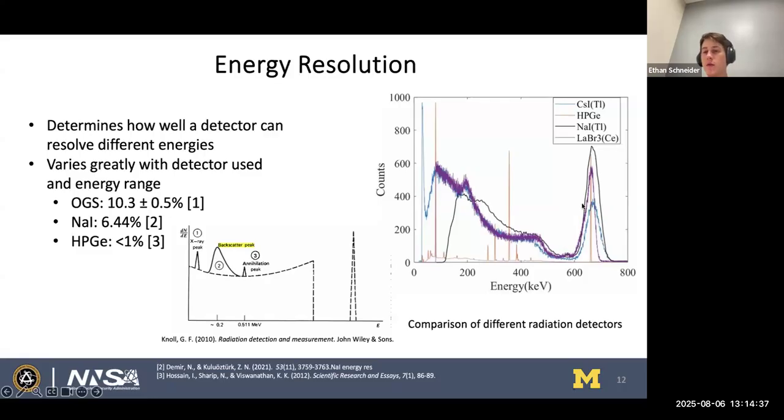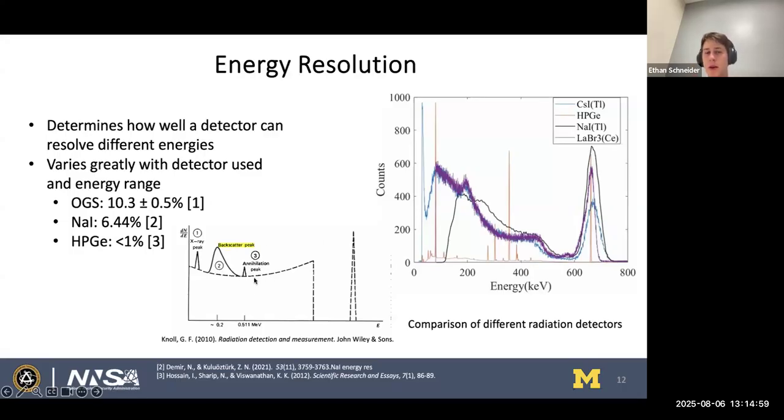Here we have a photo absorption peak on this far right for a 662 keV cesium source, where you have full absorption for a photoelectric absorption. On the left, you have the Compton edge associated with this, with these different energies from Compton scatters. We can also have backscatter peaks.